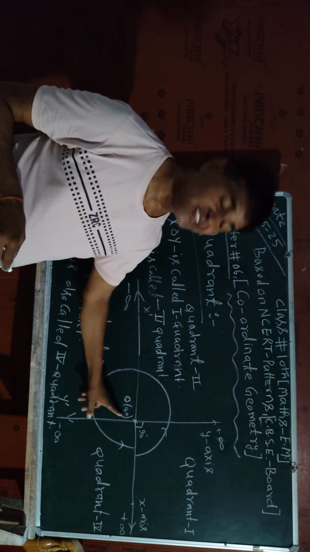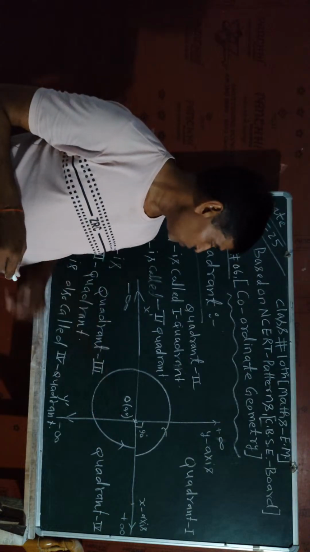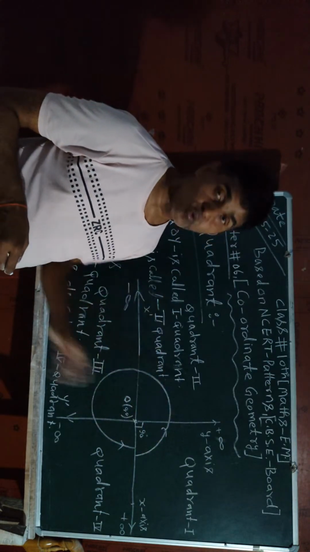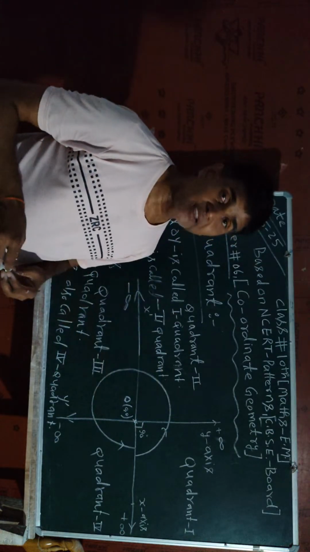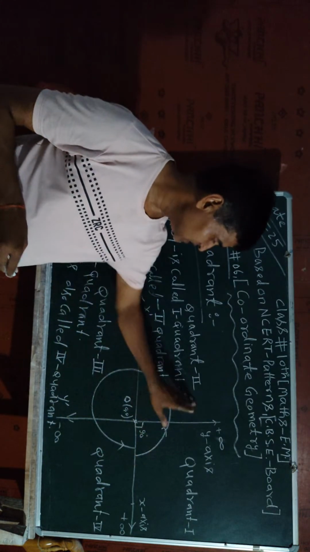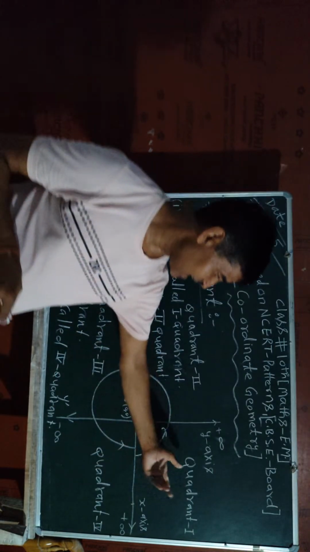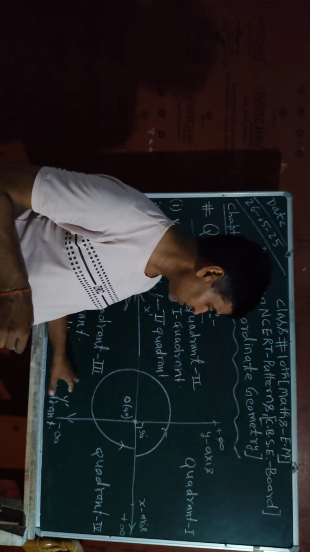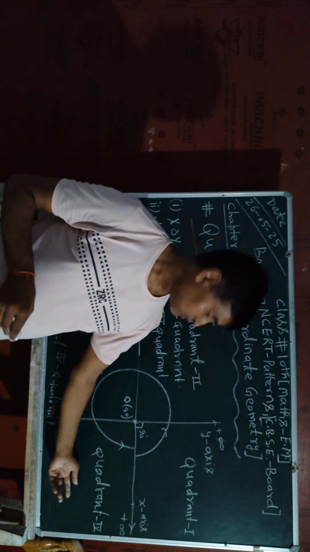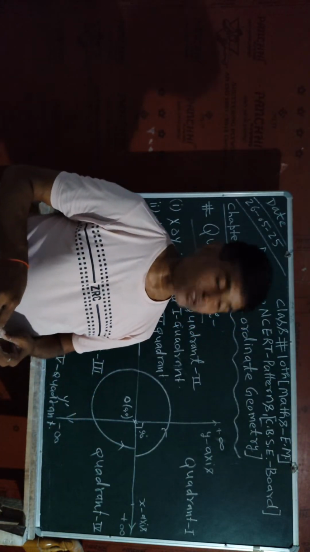There are four parts because these two lines make four parts, and each part is represented as a quadrant: first, second, third and fourth.